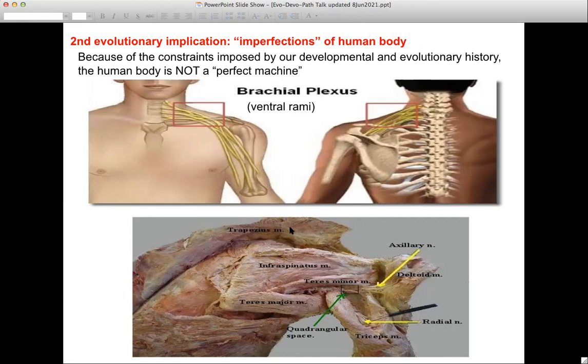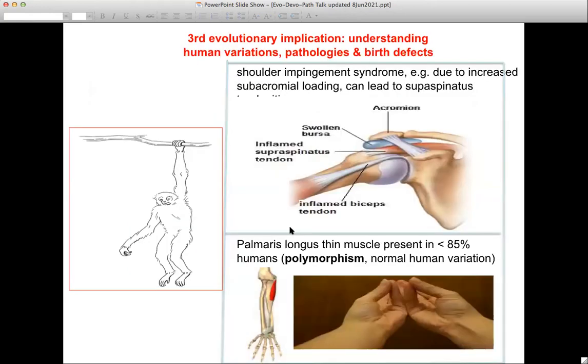It is really not the best thing to have an axillary nerve going through the axillary region and being so prone to be damaged. And actually, the most damaged nerve when you have injuries of the proximal upper limb is the axillary nerve. Right, so this is how to understand human anatomy and human pathologies.